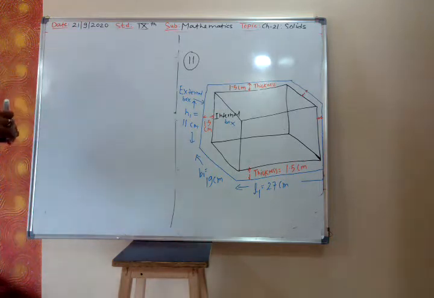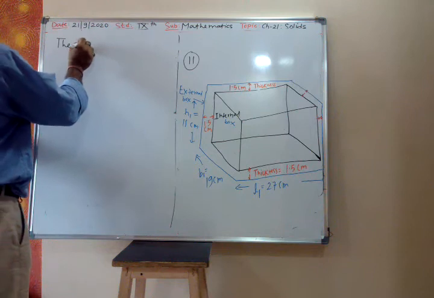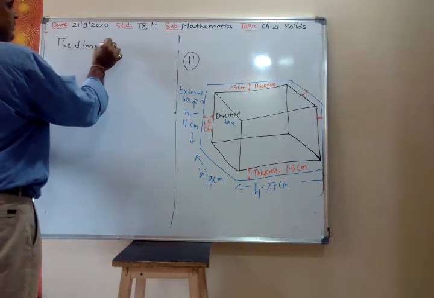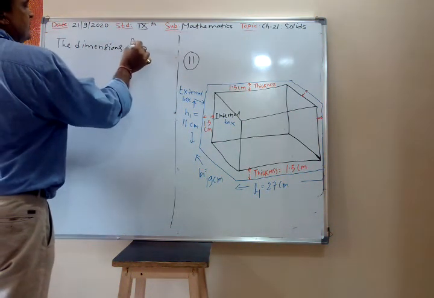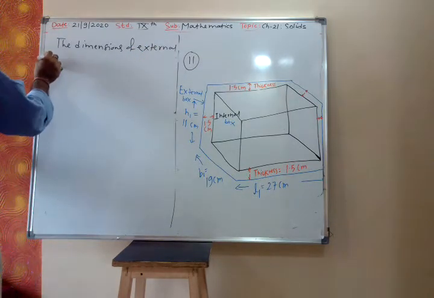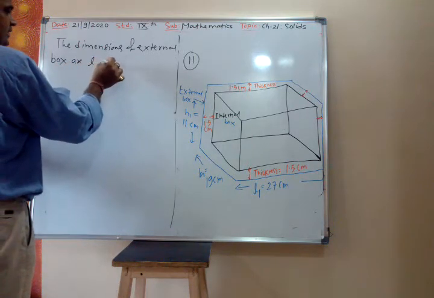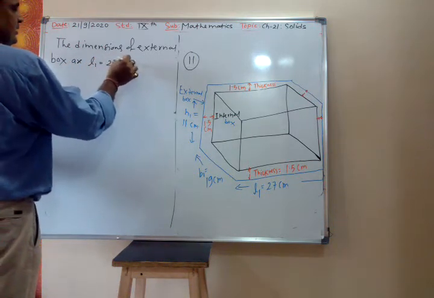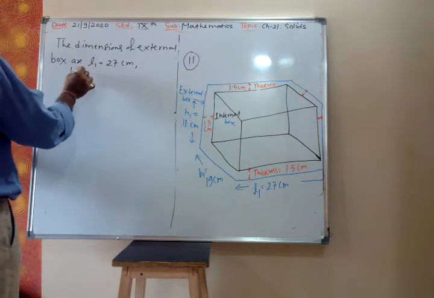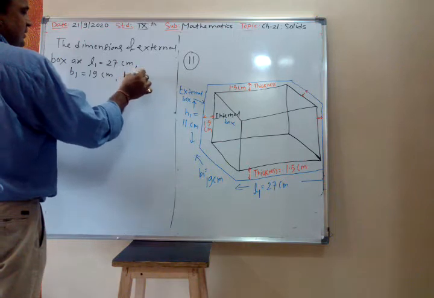Write this: the dimensions of the external box are length L1 is 27 centimeter, B1 is 19 centimeter and H1 is 11 centimeter.